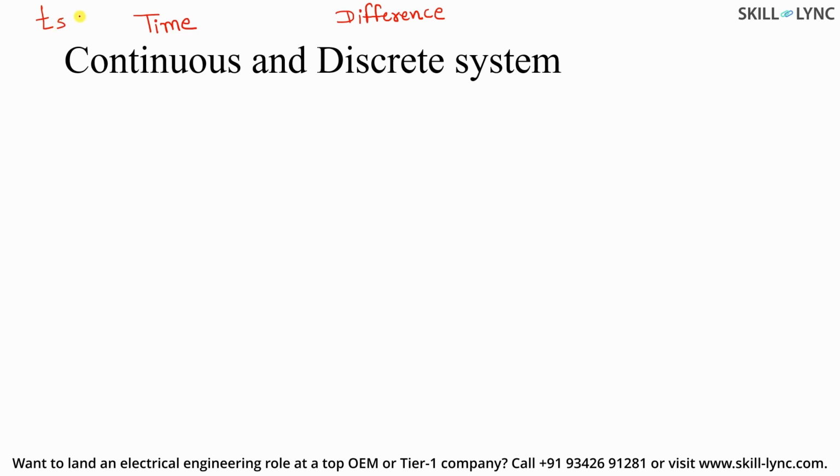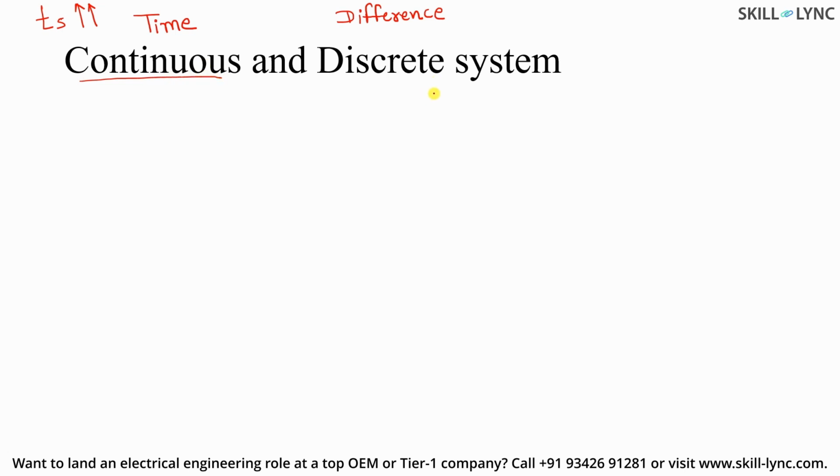If you have a sufficiently high value of sampling time, and your observation of the system is over a larger time dimension, then you can assume that it is equal to a purely continuous system. So this is the very fundamental difference.